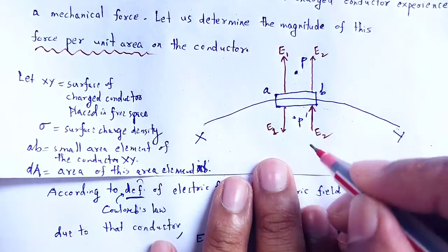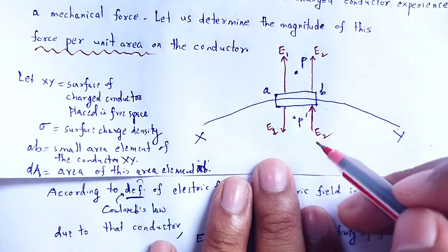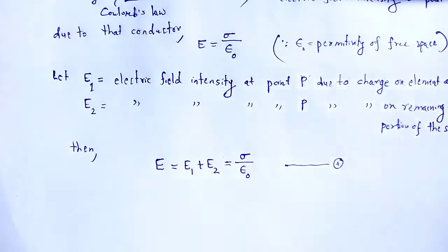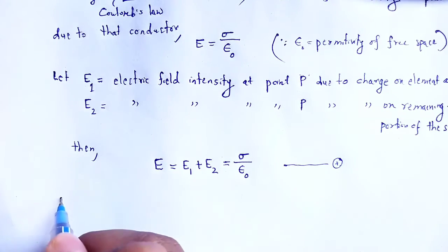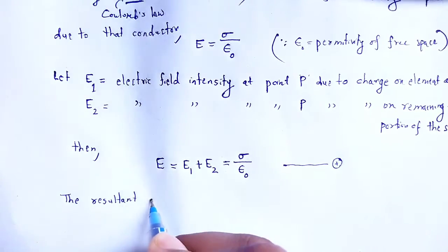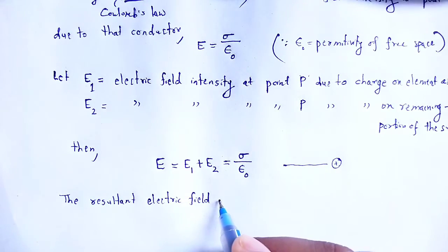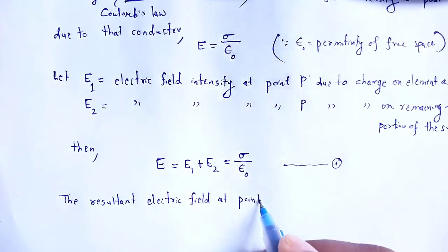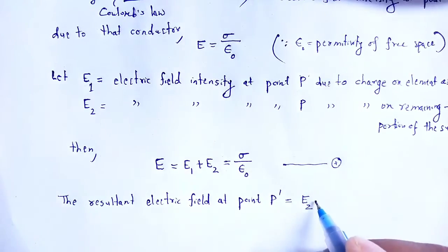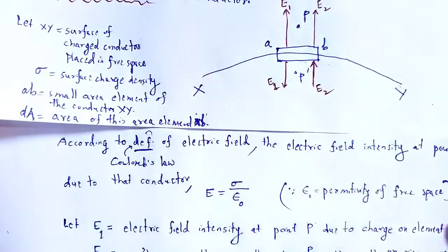Then the net, or resultant, electric field intensity at point P dash will be E2 minus E1. So we can write here the resultant electric field at point P dash is equal to E2 minus E1, as shown in the figure and as we explained.